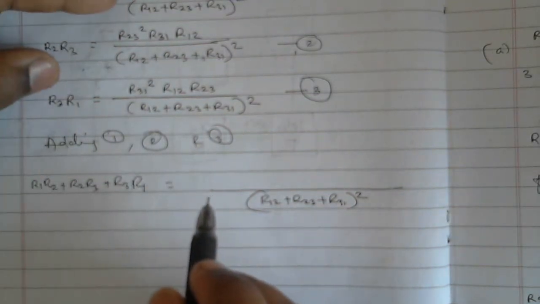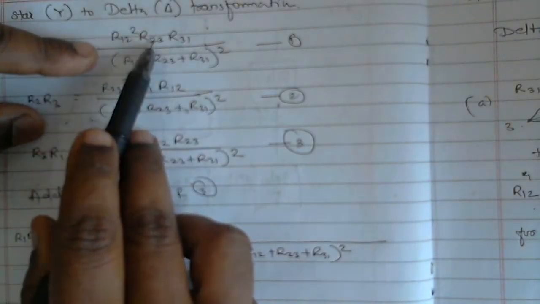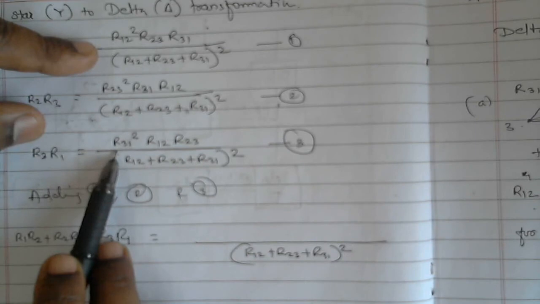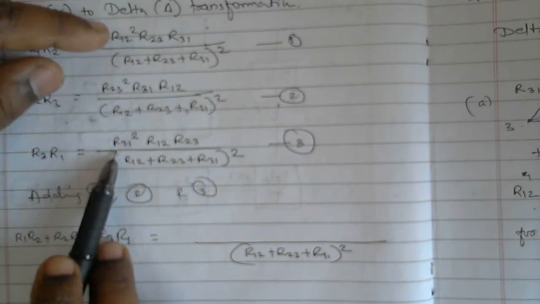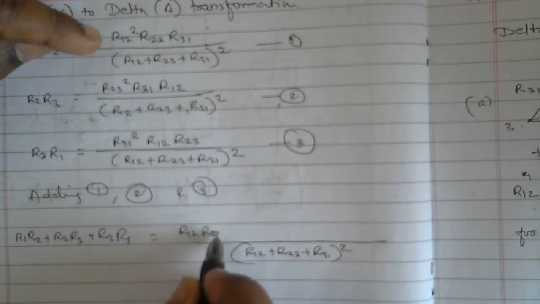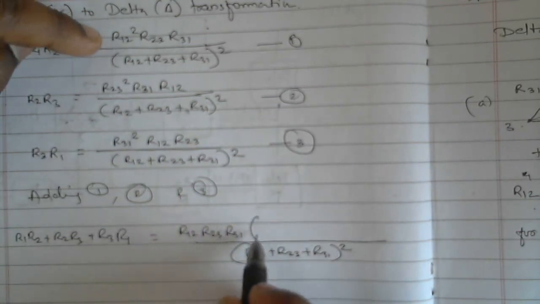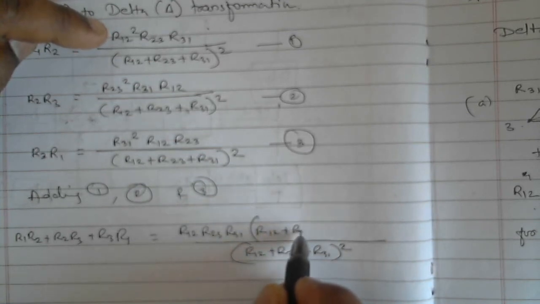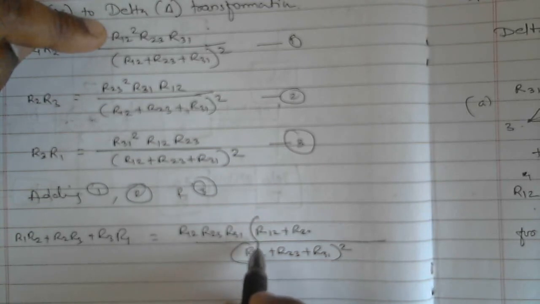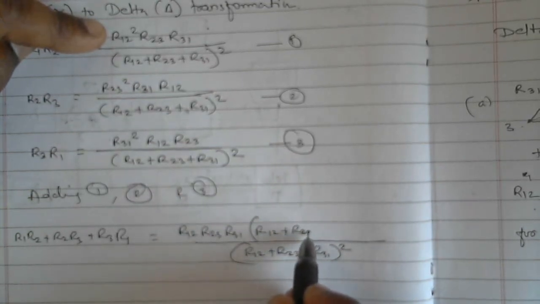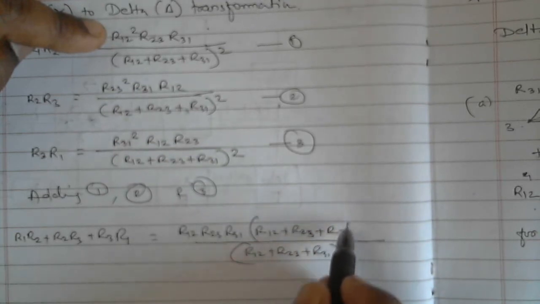So you can see here there is R12, R23, R31 in each, but in every equation there is one extra term. So I will take R12, R23, R31 common. And for the first part, what is remaining? For the first, R12 squared R23 R31, so R12 R23 R31 common leaves R12; similarly, R23 and R31 for the others.